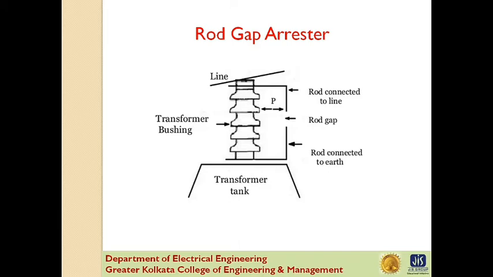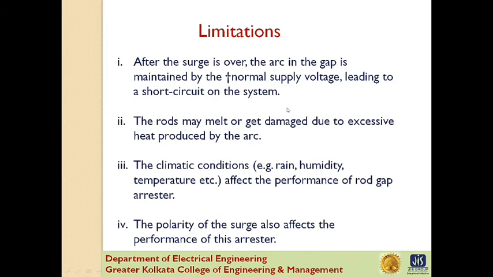In this way, excess charge on the line due to surge is harmlessly conducted to earth. So under a normal operating condition, this gap is non-conducting, and under fault condition or under lightning stroke, this path is conducting.